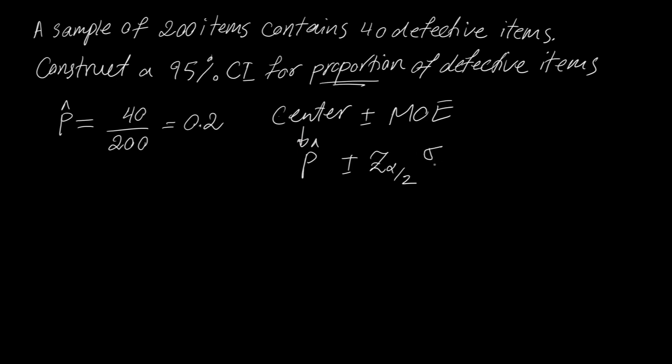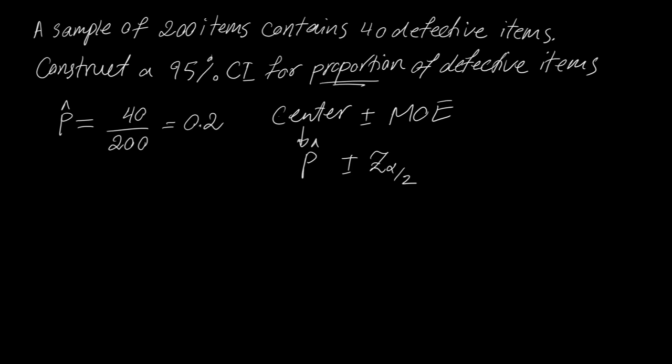If we already knew the population standard deviation, then we wouldn't need to estimate it through p hat. So I don't have this. Instead, I need to use the sample standard deviation.